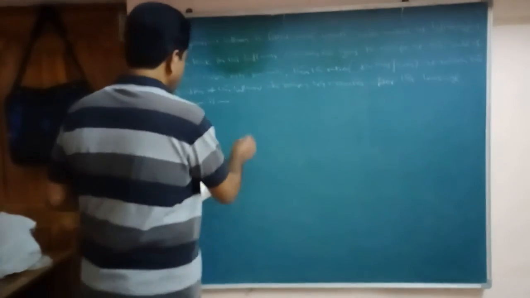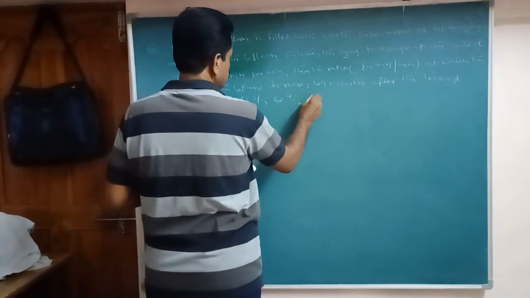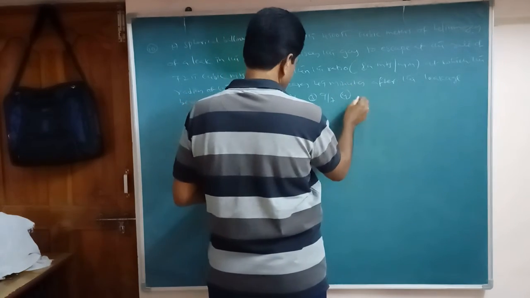First one 2/9, second one 9/2, third one 9/7, fourth one 7/9.